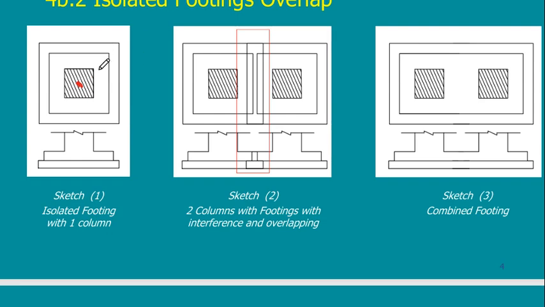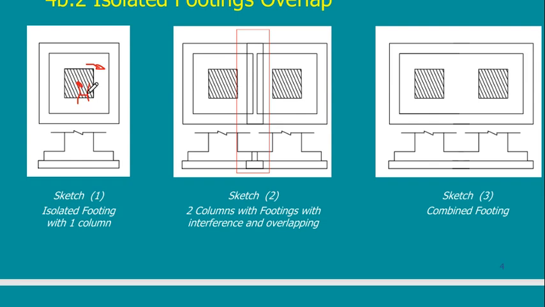Suppose that I shifted this column in this direction. What will happen? This will still be the center line of the footing, but the center line of the column will be here. It will be shifted a distance. It means that there is an eccentricity.